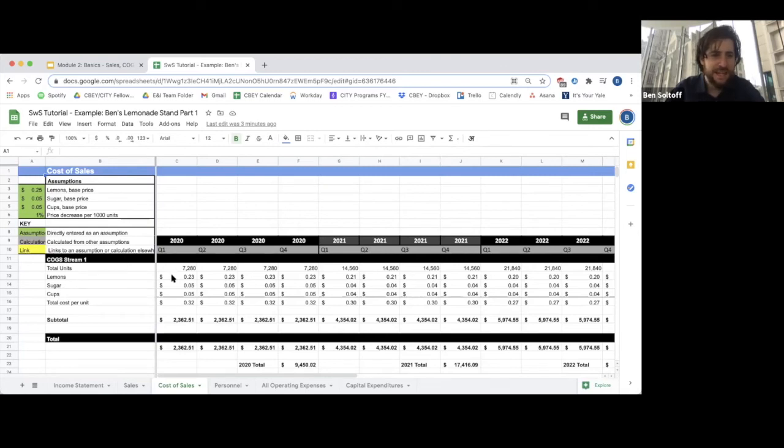And so this is the cost per glass of lemonade here in the tab. So you can see it's adding up the total units, and then the lemon, sugar, and cups to the total cost per unit. And this gets us to the cost per lemonade sold.